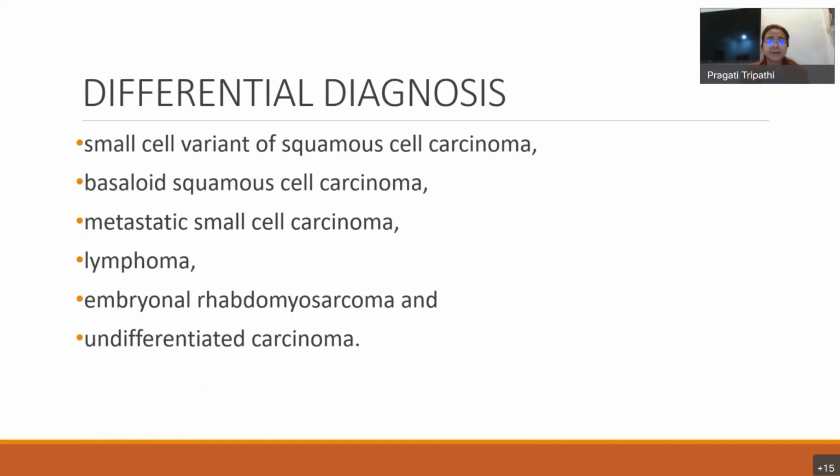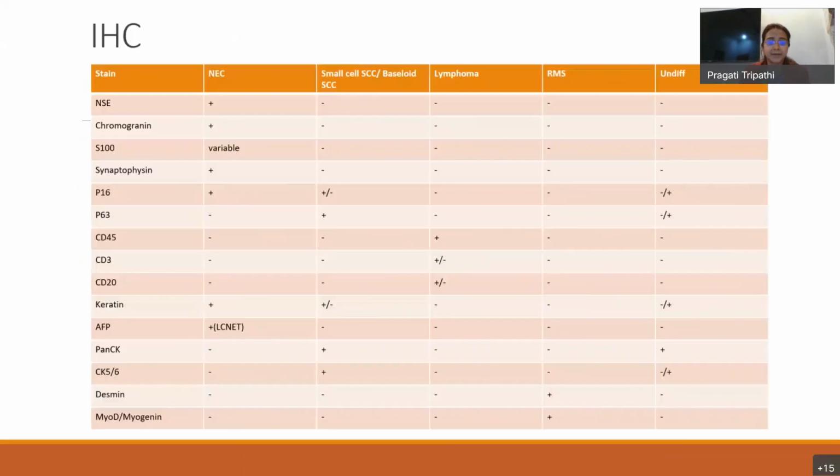Then the differential diagnosis we think of is a small cell variant of squamous cell carcinoma, basaloid squamous cell carcinoma, and metastatic neuroendocrine tumors from other sites to the cervix, like those from lungs and gastroenteropancreatic regions. And then local spread of neuroendocrine tumors from urinary bladder, rectum, and Merkel cell carcinoma of the skin, lymphoma, embryonal rhabdomyosarcoma, and undifferentiated carcinomas, because they all have small cell appearances on histology.